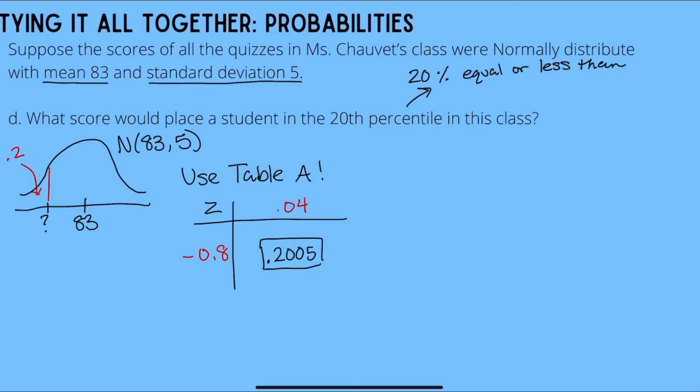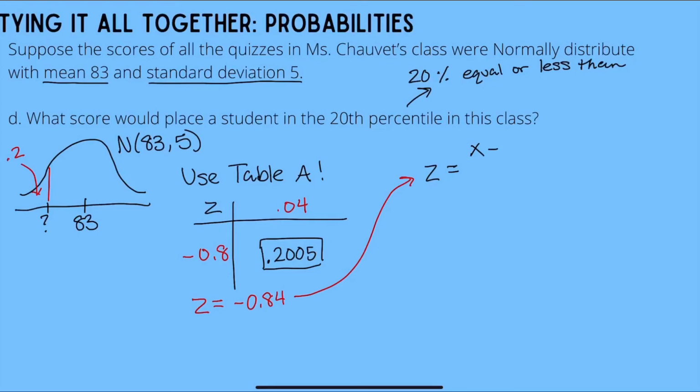Because that is the closest that we can get. So that means we are looking at a z-score of negative 0.84.